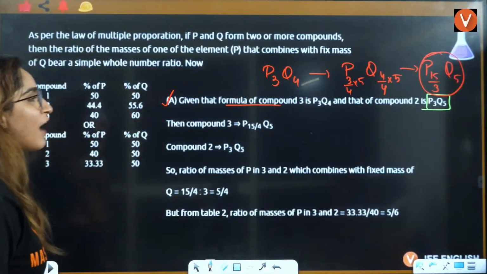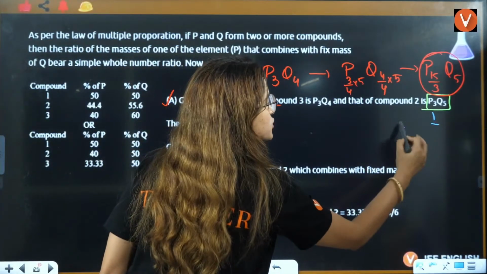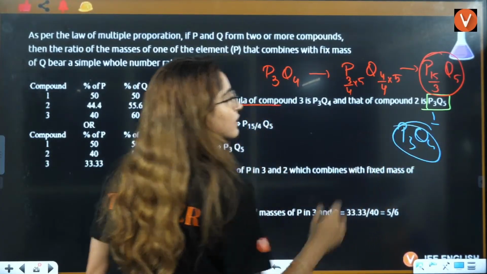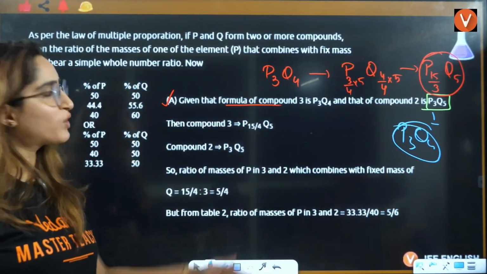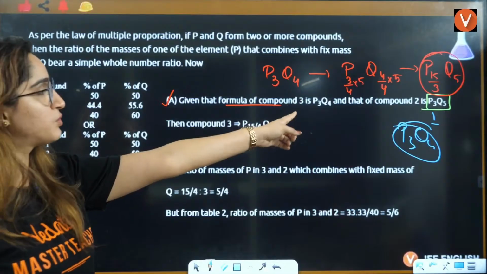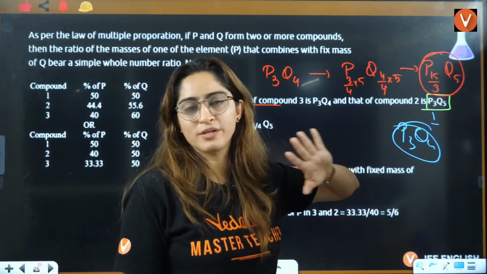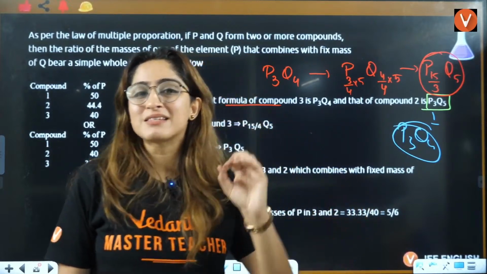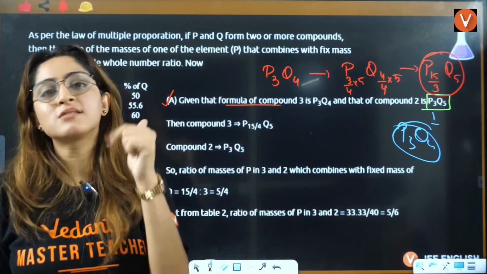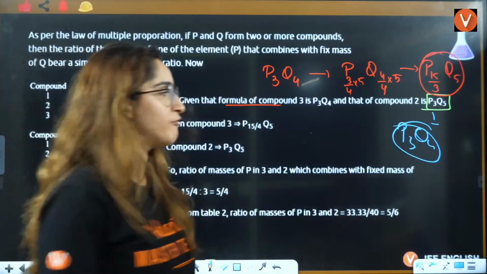See, why ma'am, you are not making this P3Q4? It's totally my wish, right? You can also fix Q as 4, right? It's totally your choice. You just need to see, by fixing Q, what is the ratio of P that you are having.